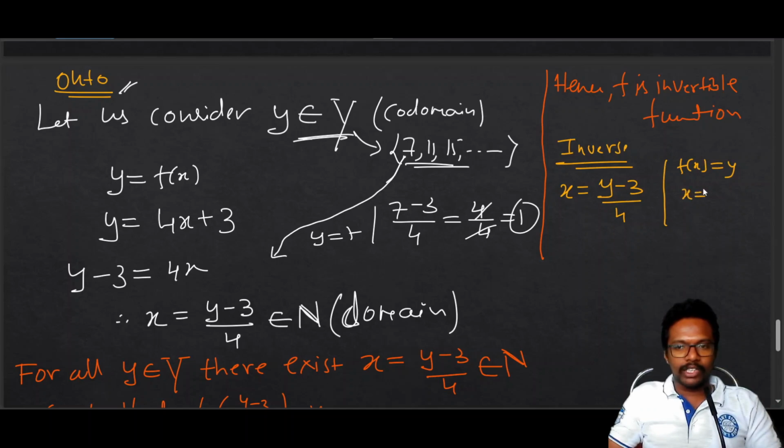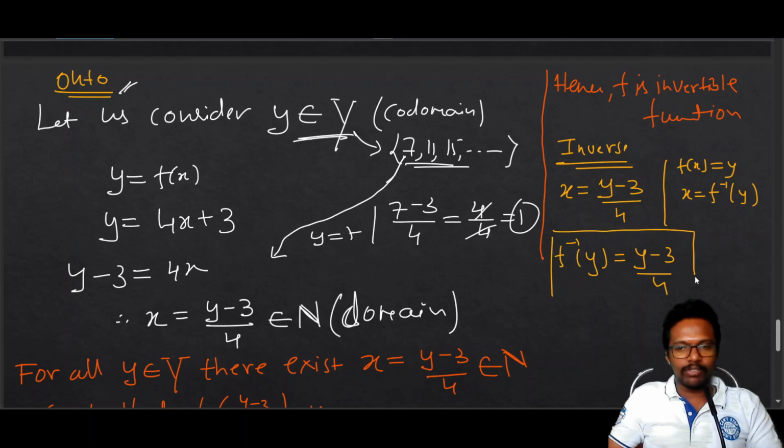What will be the x here? If you move this f to the right side, it becomes f inverse. So x becomes f inverse of y. So f inverse of y equals y minus 3 by 4. So this is the inverse.